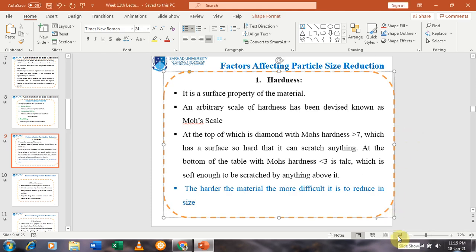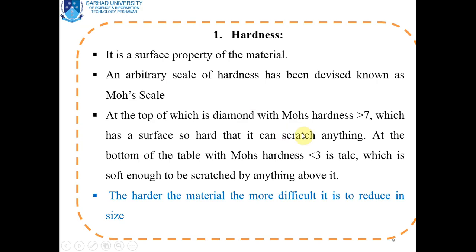On this scale, the material at the top, which is diamond, having the most hardness, more than 7, is a hard material and it can scratch anything.